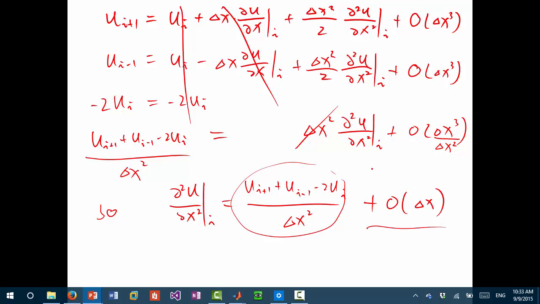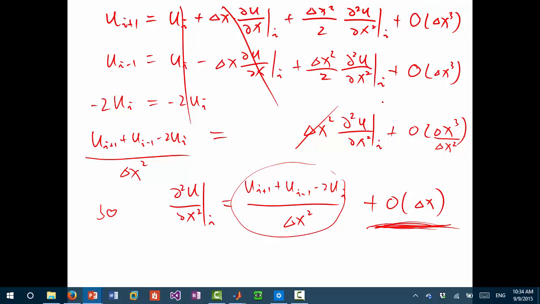In other words, the error of the approximation goes smaller and smaller. And the order of this approximation is how fast this approximation error goes to 0 as delta x shrinks.